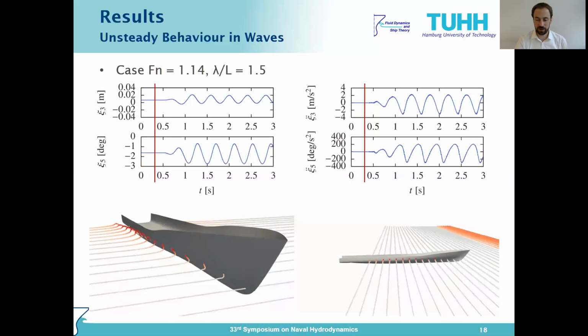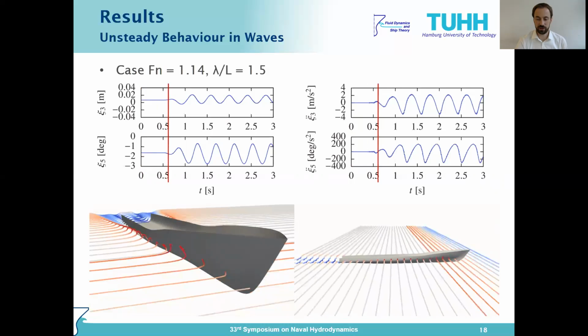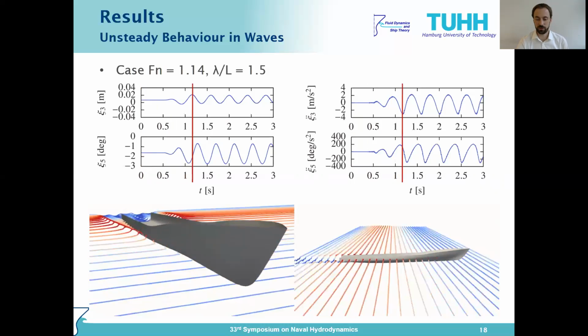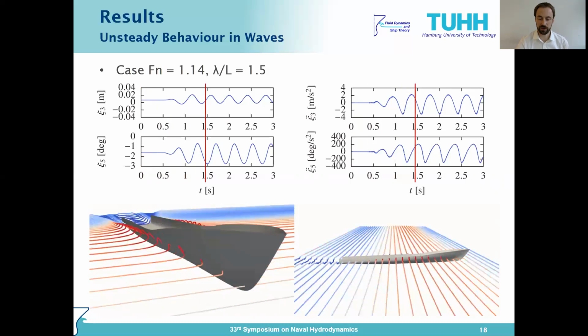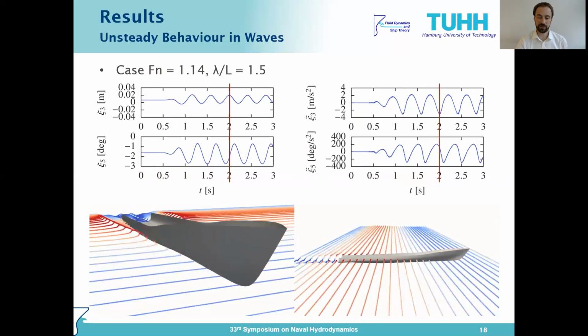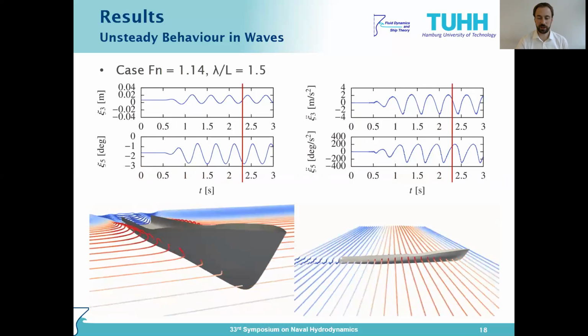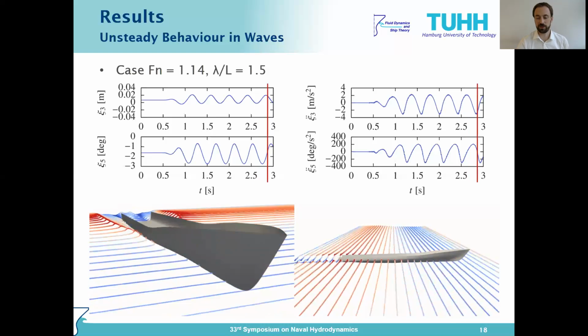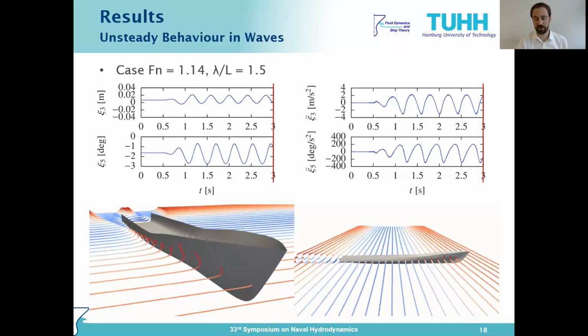As the video starts, we see that the hull starts to move as it enters the wavy area, and we see a large amount of spray developing in the bow area whenever the hull hits a wave crest. These time instants actually correspond to the time instants where the hull experiences the largest accelerations, as can be seen in the time histories, which are also shown on the plot here on the right half of the slide.